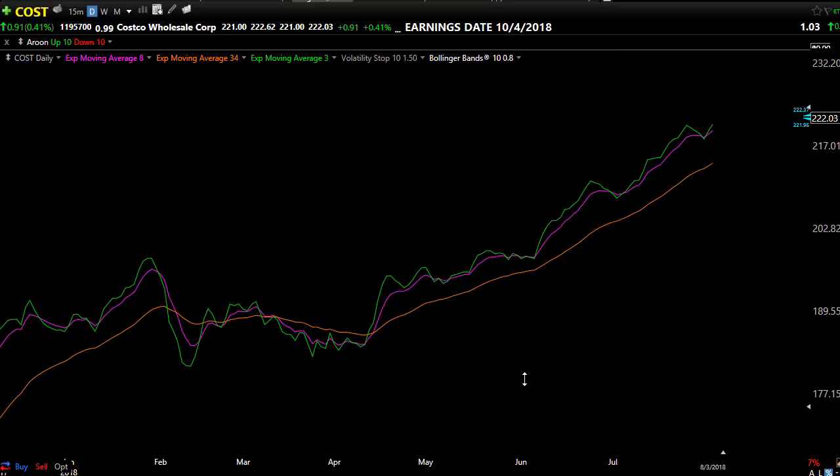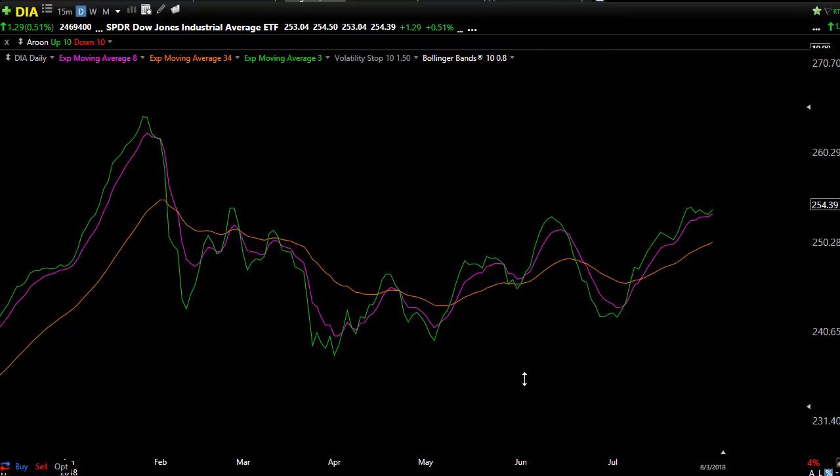Now compare that chart to the Dow. If you're not evaluating the market condition and adjusting your trading to the market condition, you can have some trouble. You're going to experience a lot more losses because the market's whippy right here.